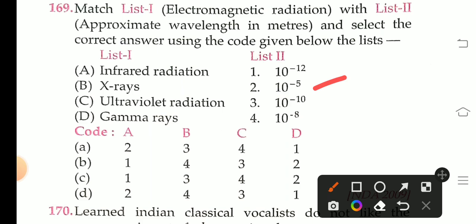X-rays 10 to the power minus 10 meter. Ultraviolet radiation 10 to the minus 8 meter. Gamma rays 10 to the minus 12 meter. So that right answer will be option A.